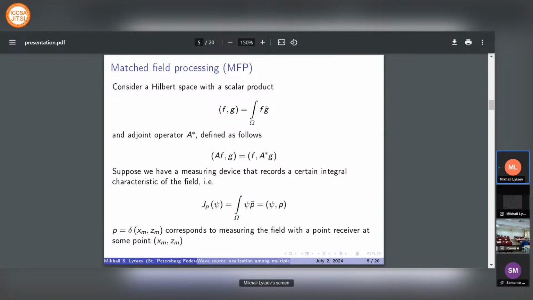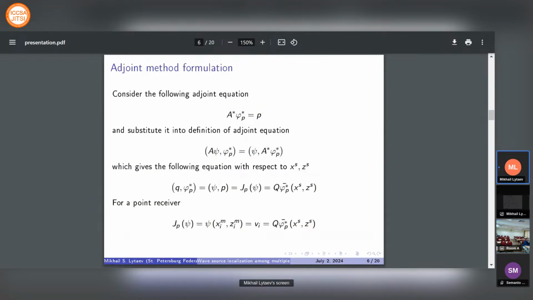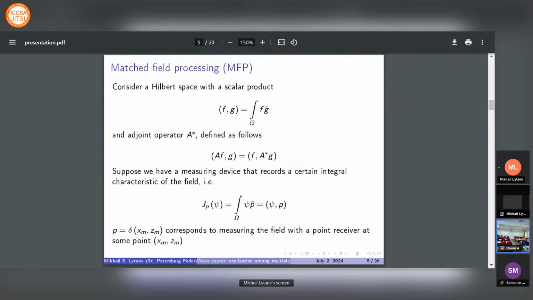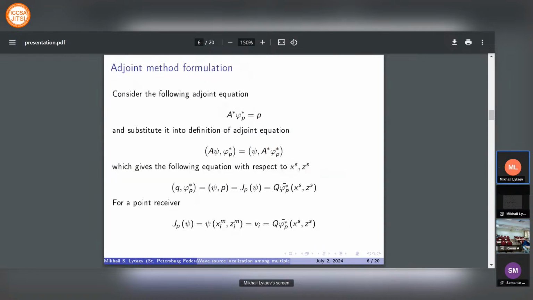In a simple case of delta receivers, it can be simplified, so you can see that our task is reduced to the following equation.